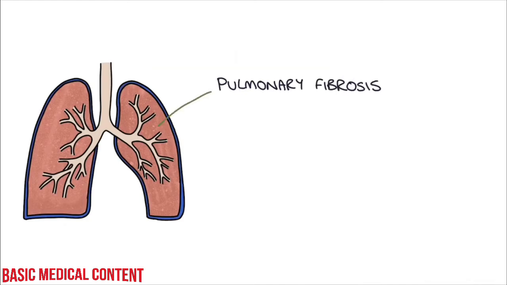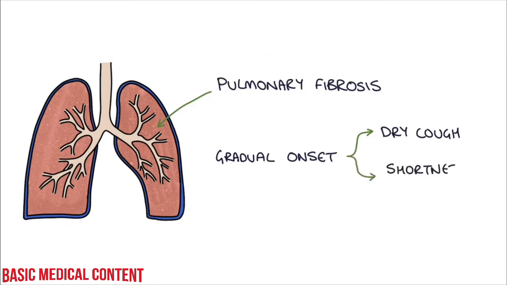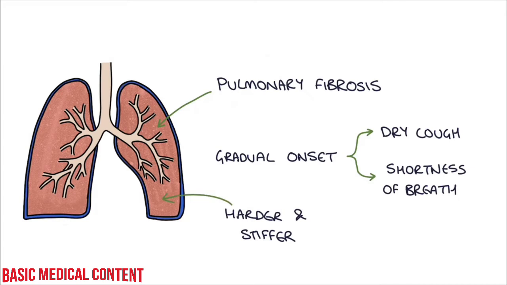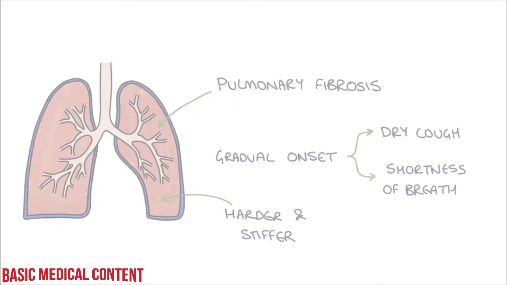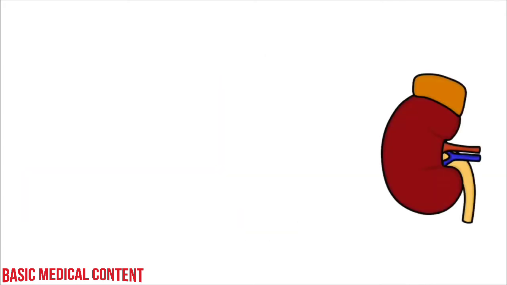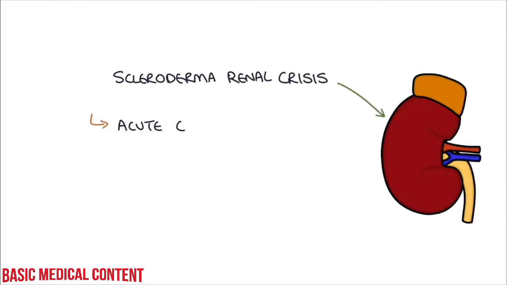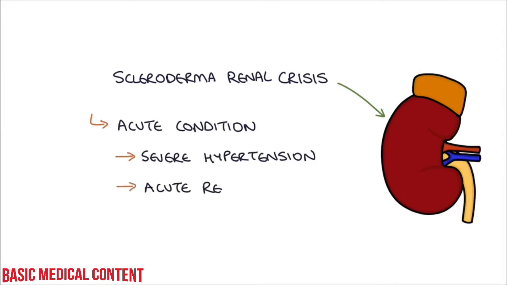Pulmonary fibrosis can occur in severe systemic sclerosis, and this presents with gradual onset dry cough and shortness of breath as the lung tissue becomes harder and stiffer and less able to expand and take air in. The final feature to talk about is scleroderma renal crisis, and this is an acute condition where there is a combination of severe hypertension and acute renal failure.